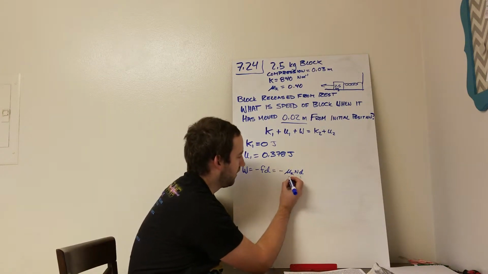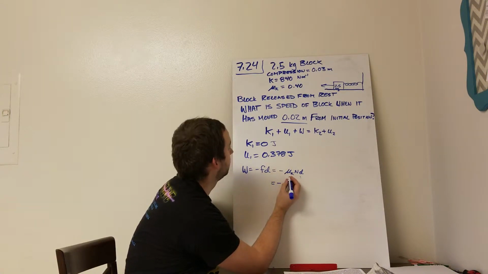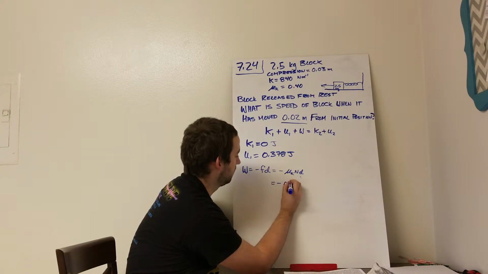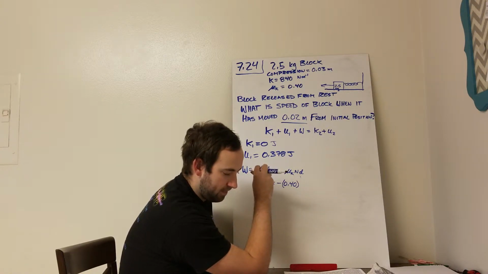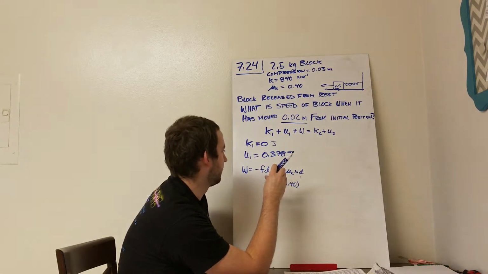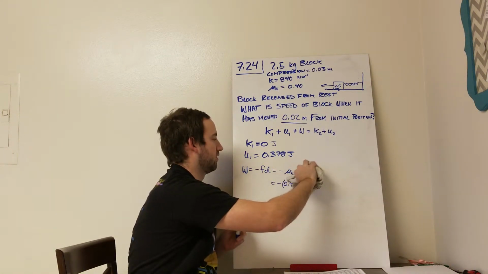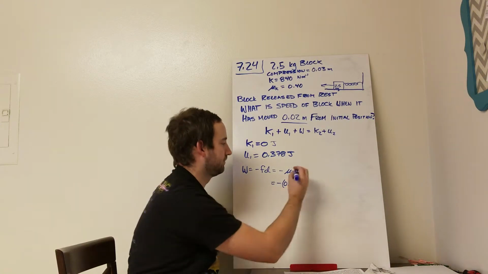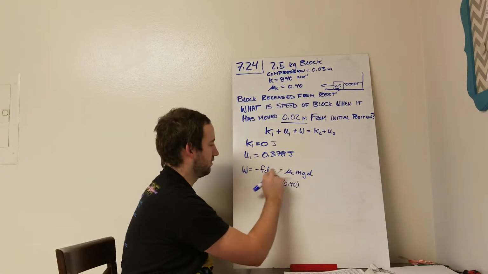So we know that the kinetic friction coefficient is 0.4. The normal force, we need to break that up even more. So we know that the normal force is equal to mg, and then that d that was on the end.